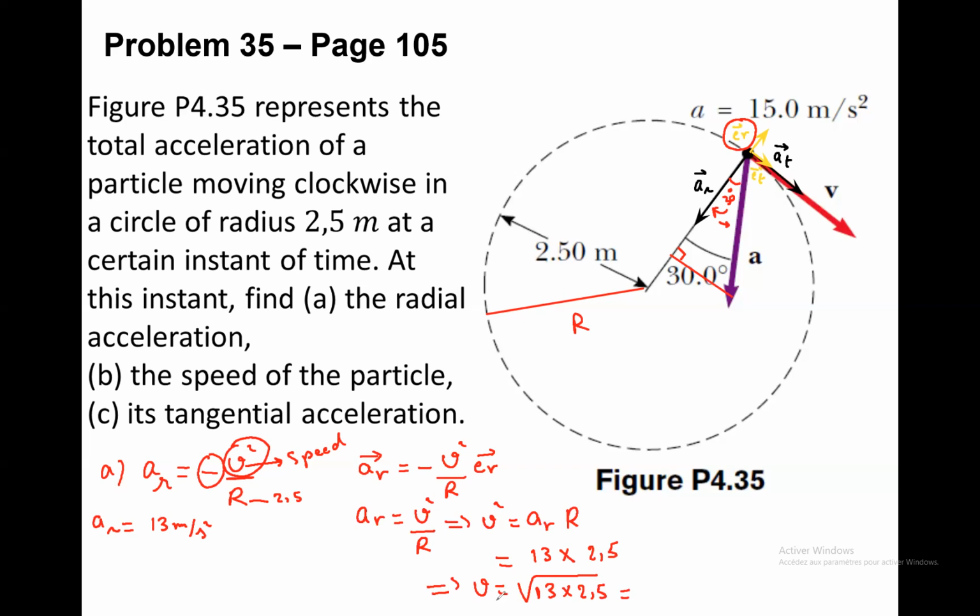The answer is 5.7 m per second. This is the value of V. I want to write here the value equal to 5.7 m per second.